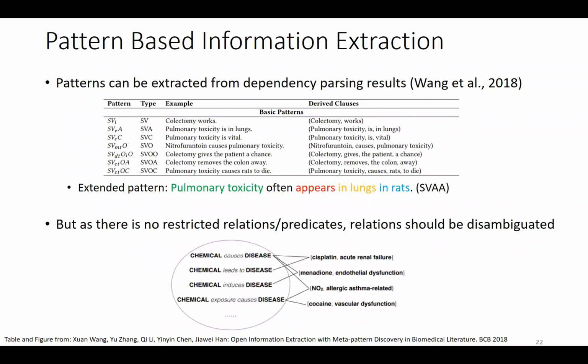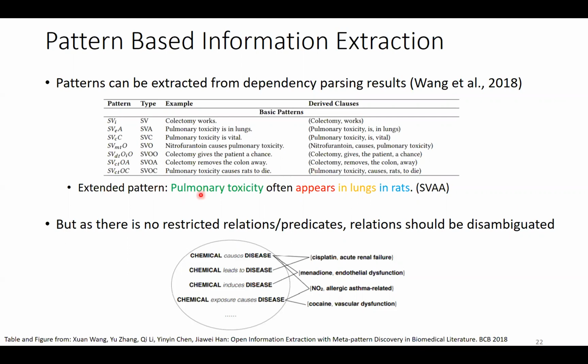Here I'm going to show you an example of patterns that can be used to extract useful knowledge. Some patterns are commonly used for general IE, but medical documents are usually written in formal written language, and sometimes can have long sentences. So to improve recall, patterns may be extended.